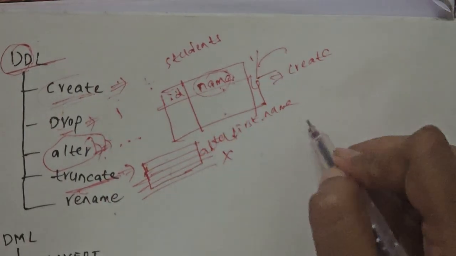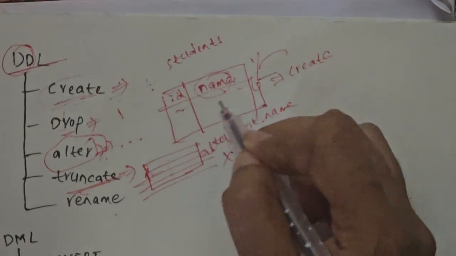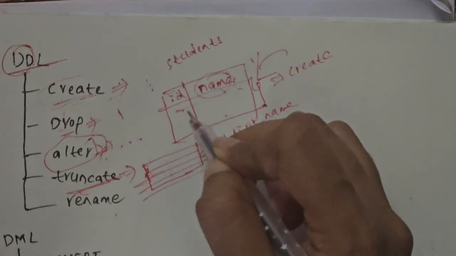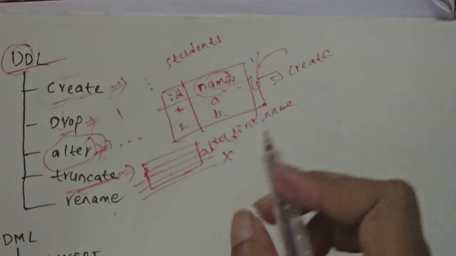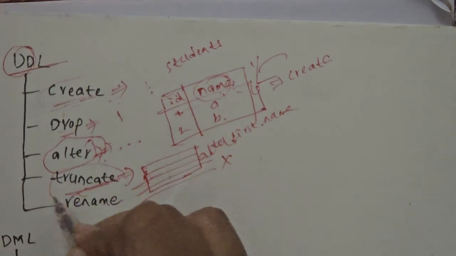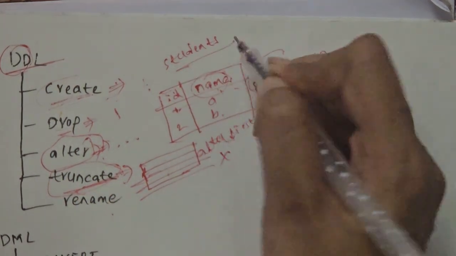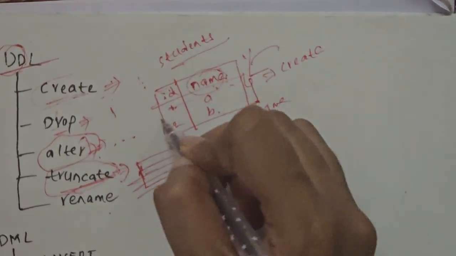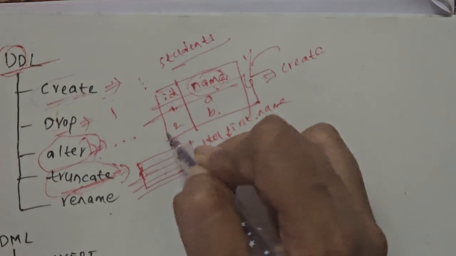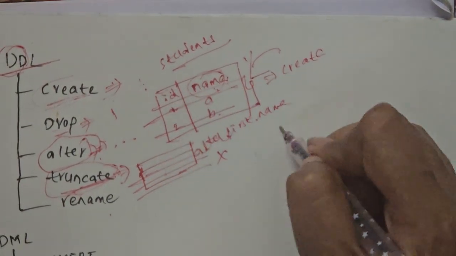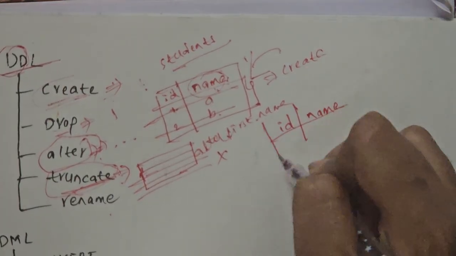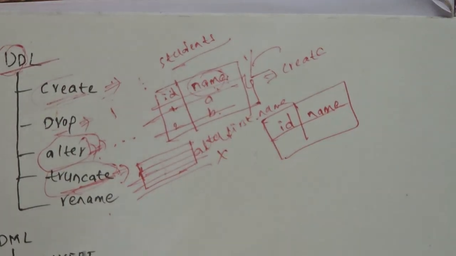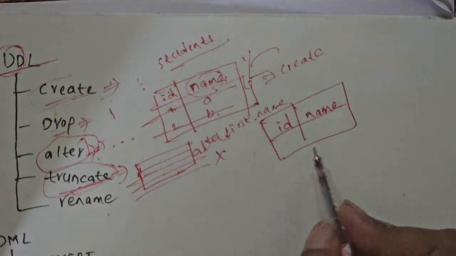For example, let's say we have these id and name columns with some data, 1 a, 2 b. You perform a truncate operation on the table students. Then it will delete the records from this students table, but it will still keep the structure of the table. This is about truncate.